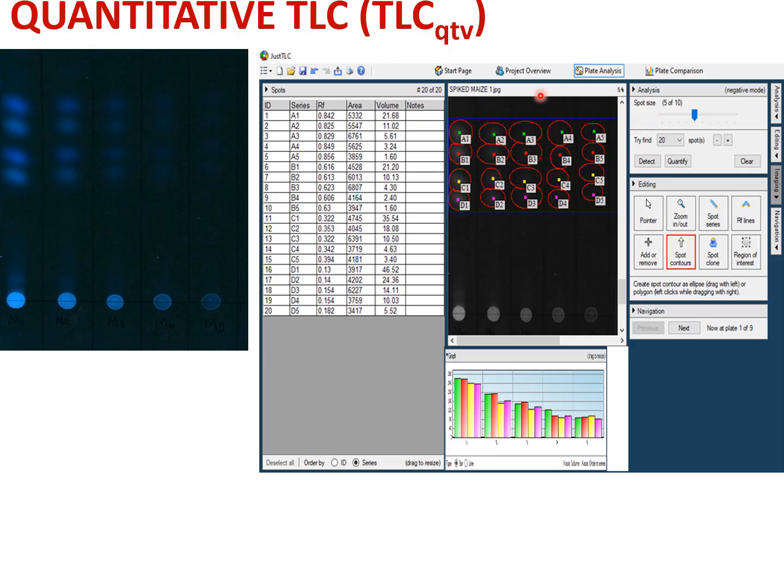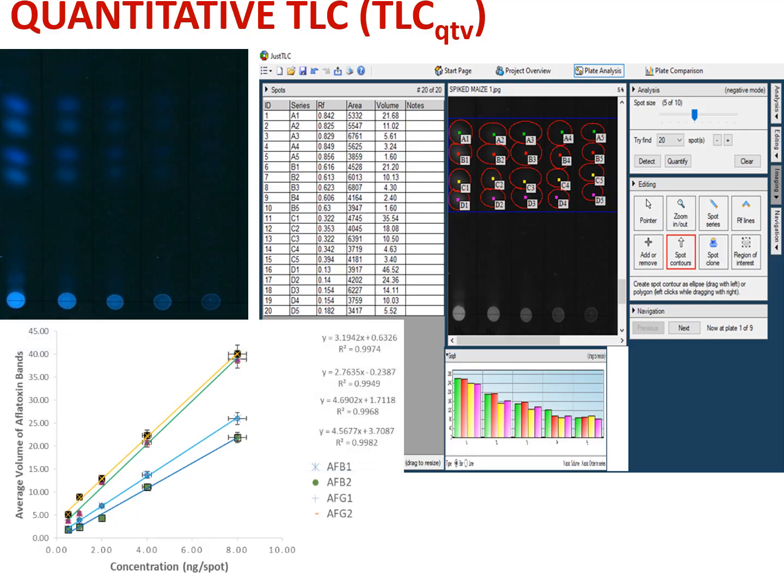Now, the densities of the respective TLC spots will then be used to plot a calibration curve of the densities versus the respective concentration of the standard.